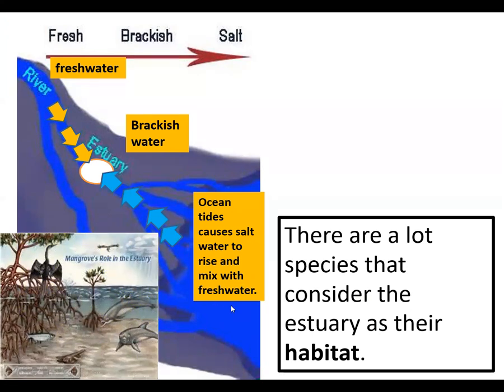You might be asking, how can the ocean water rise there? It can rise there because of certain natural events like tide. When it is spring tide, ocean water can rise and mix up with the river water, causing the mixture of fresh and salt water.